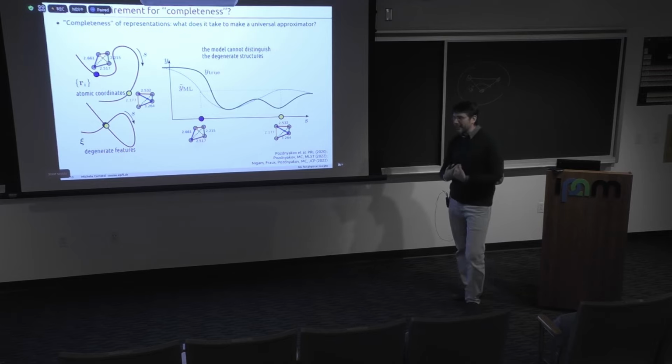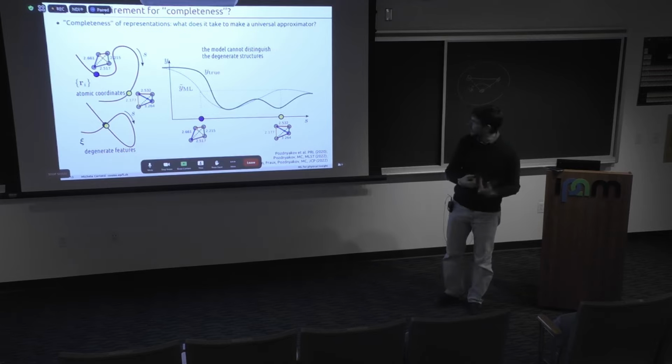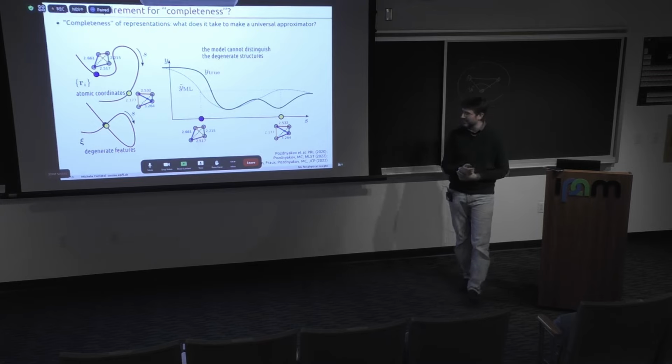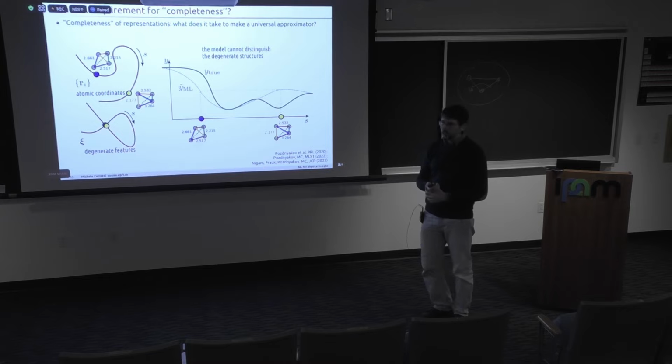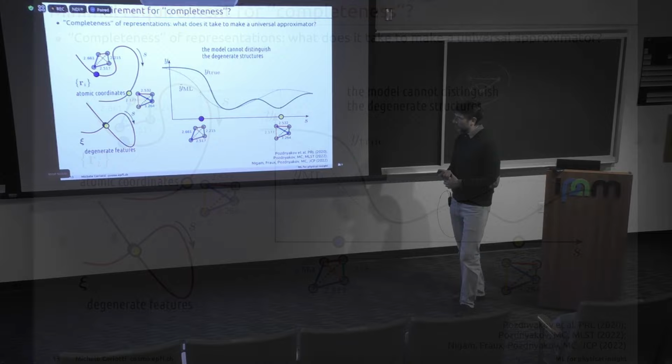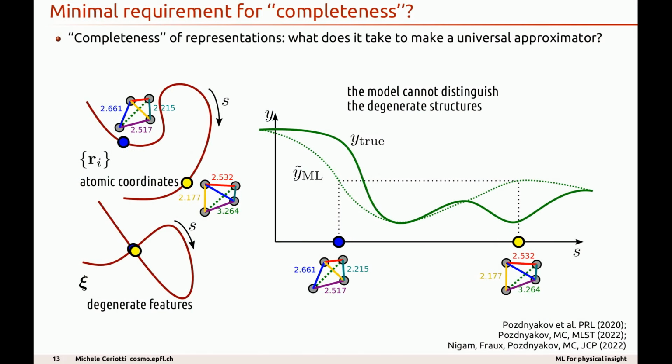Another very fundamental question that we can ask ourselves when we have these deconstructed models is: what does it take to make a symmetric model complete? With completeness here, I essentially mean injectivity. I want that if I have two structures that are different, they should be mapped to different points in feature space.